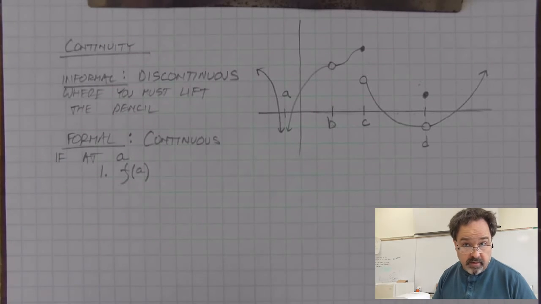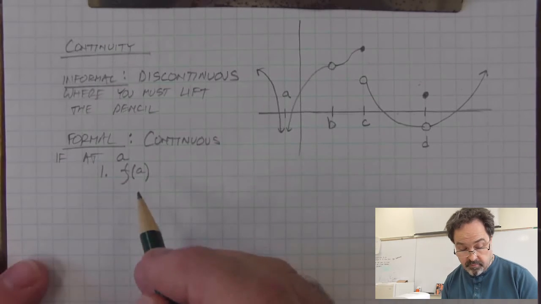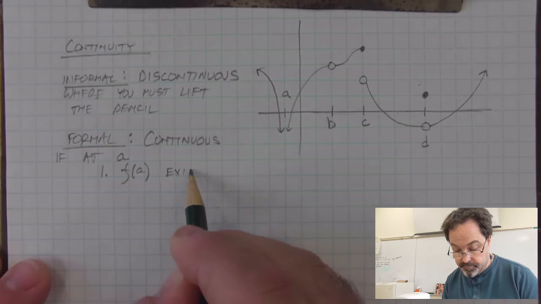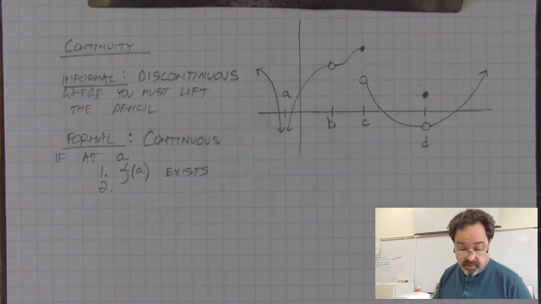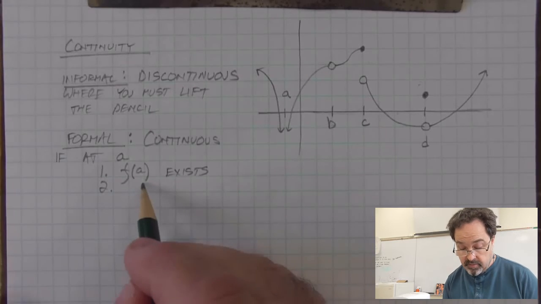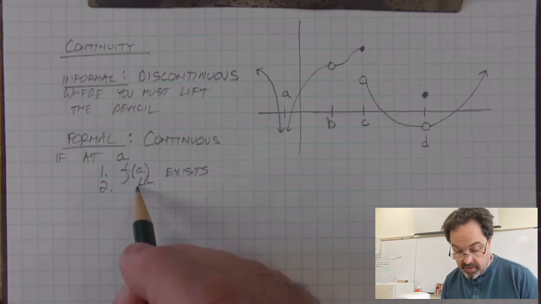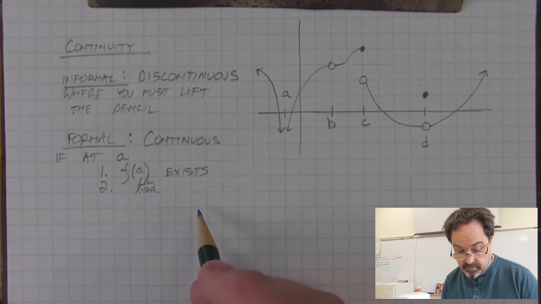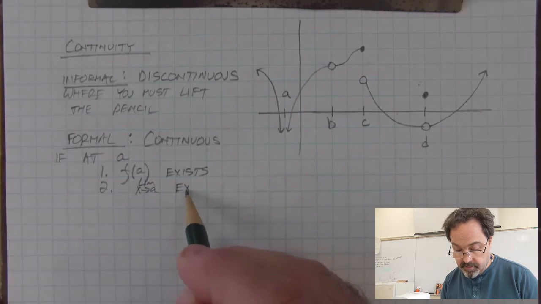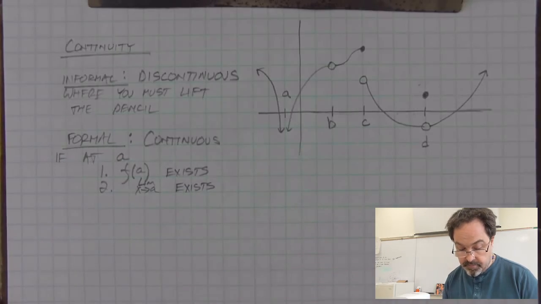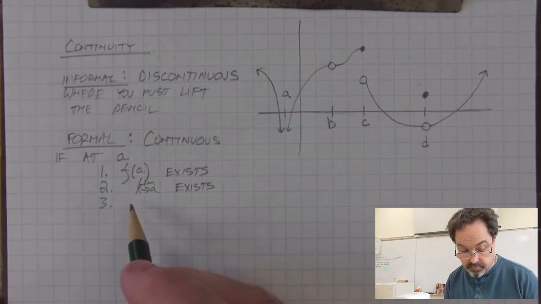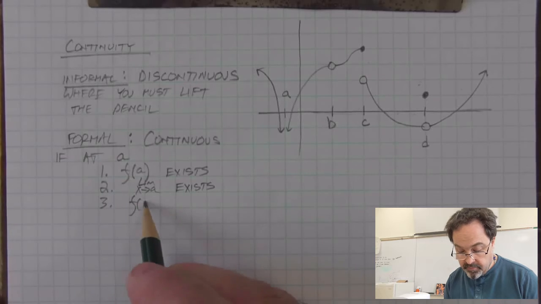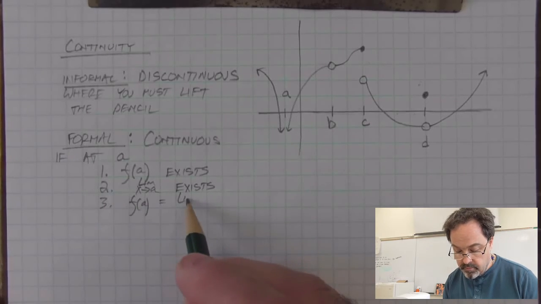F at A exists and can be found. 2, it'll be continuous at A if there is also a limit as x approaches A, and that limit exists and can be found. And 3, the third thing that must also be true is that the value at A must equal the limit as x approaches A.